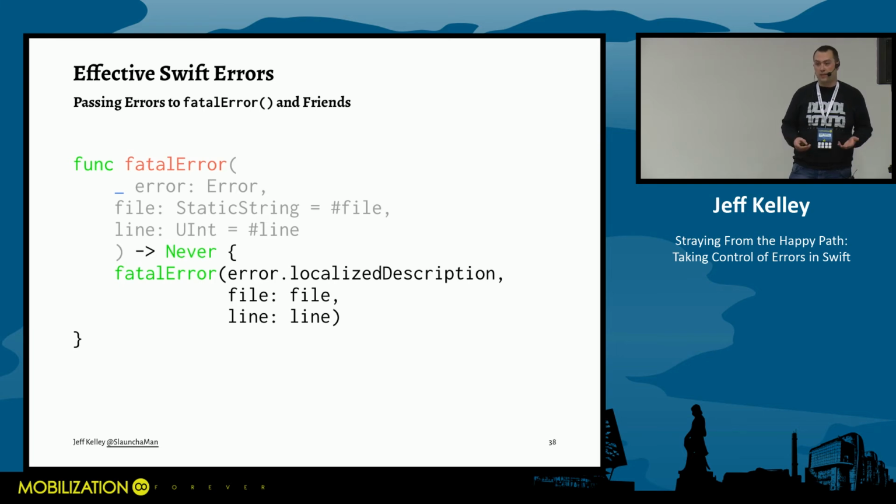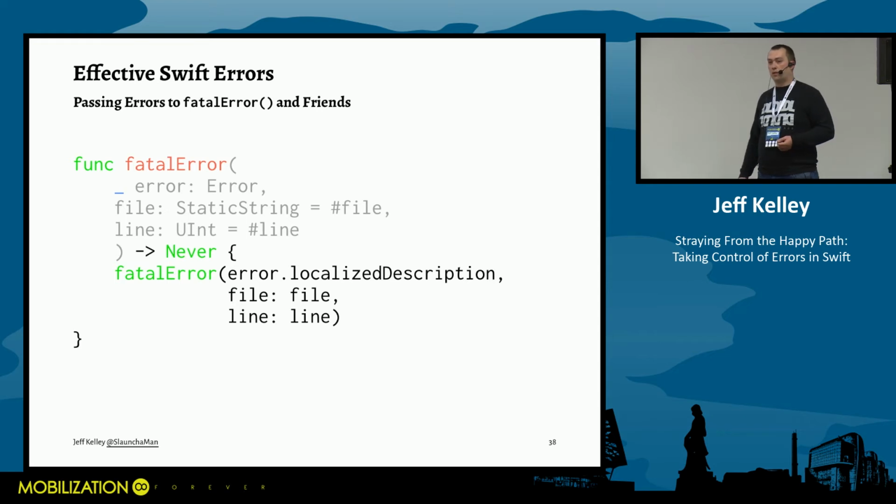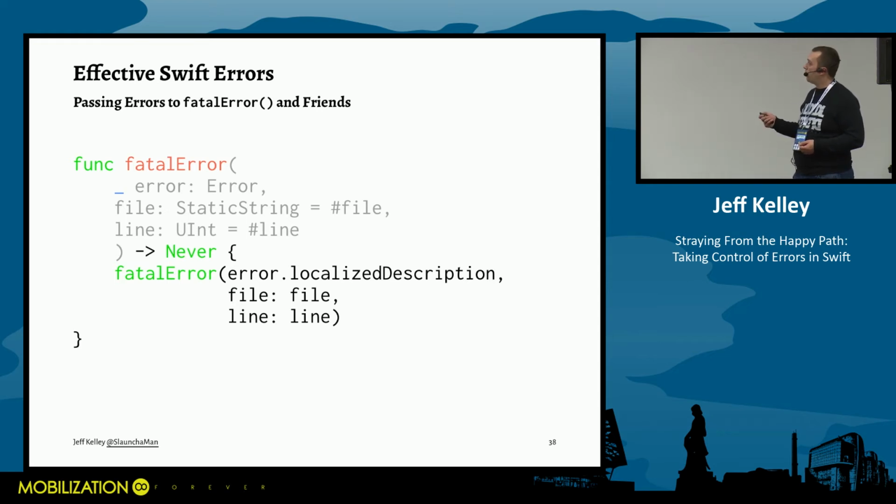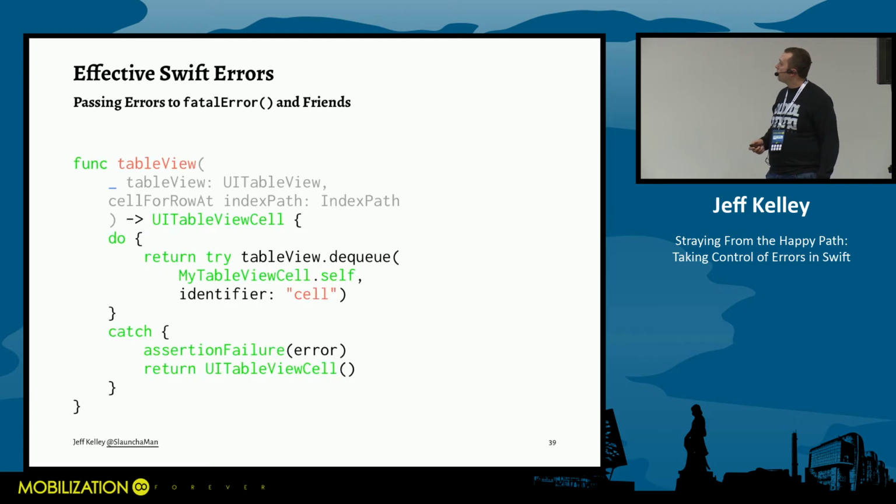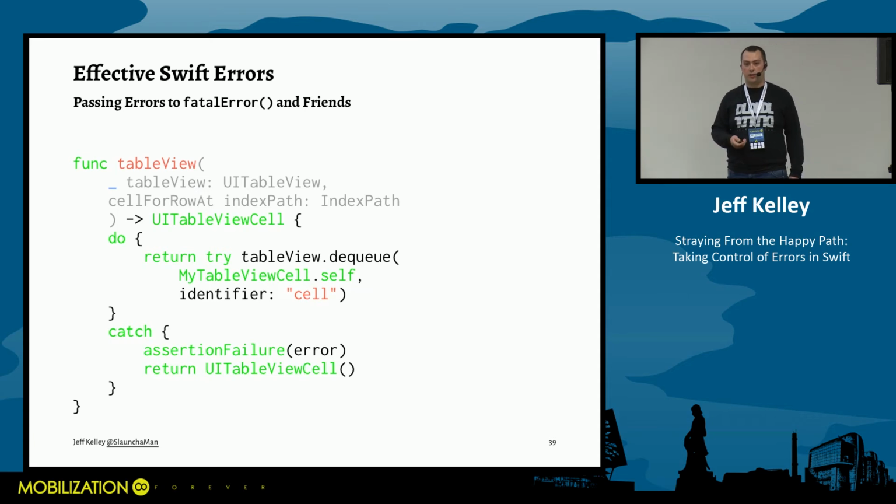Because I'm just writing this method anyway, I can change the type, and I can have it take an error instead of a string. And so now, when I call fatalError with an error, it will call the one that I wrote with a string, just giving that description out. And of course, you could have variants of this for precondition and assert. So that now all I have to do is call assertion failure, pass in the error that I get from the code, and it will do the right thing.